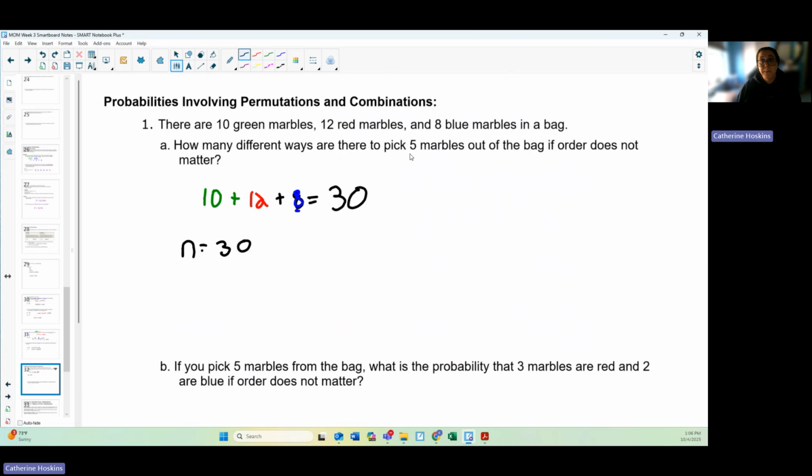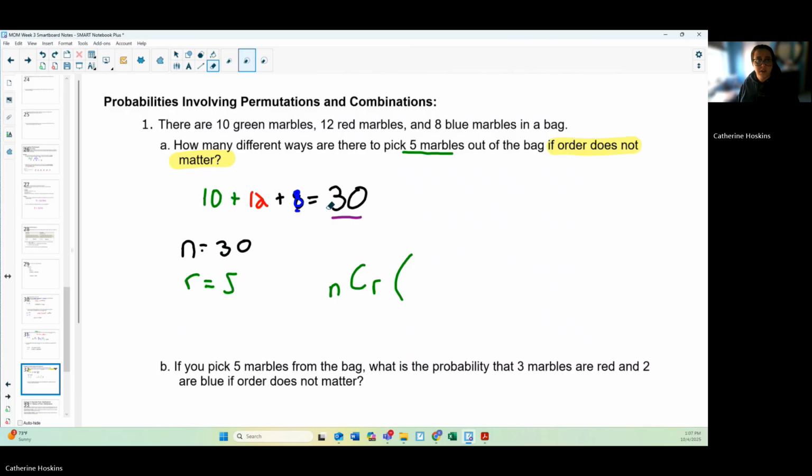It then says we are selecting 5 marbles. So my r is going to be 5. And because order does not matter, they are telling us once again that order does not matter, we are going to use a combination, or nCr. That means our combination is going to be 30, comma 5.